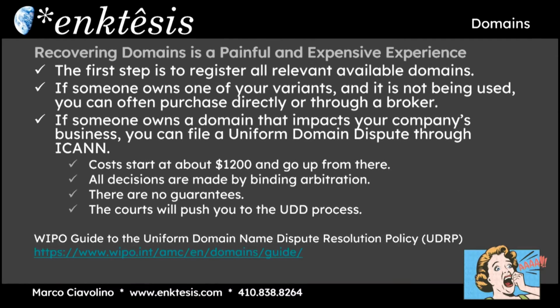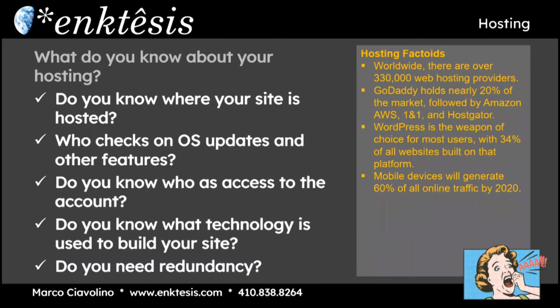So you go to the ICANN system and you fill out an application. It's binding arbitration. It starts at about $1,200 and goes up from there. And it's worth doing if you want to recover a domain and you think you have a valid claim for it.